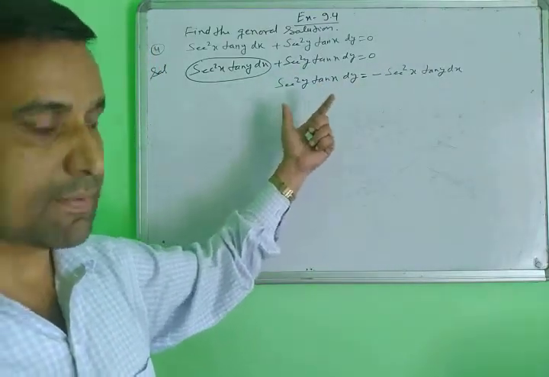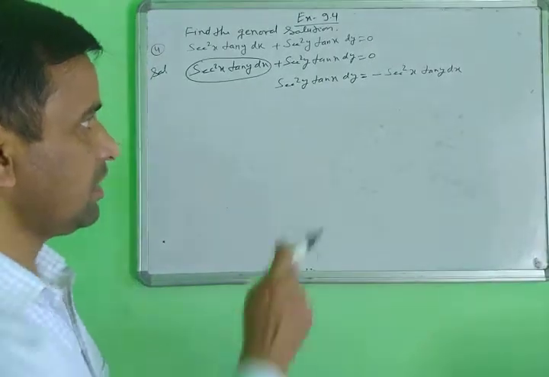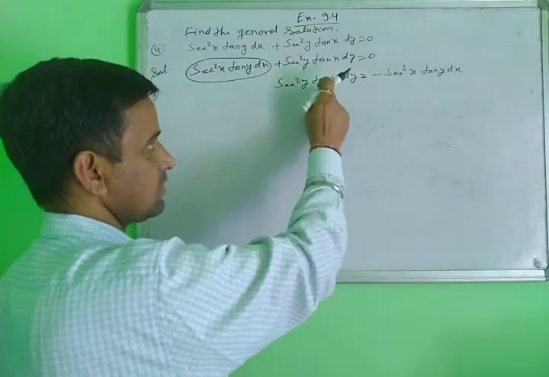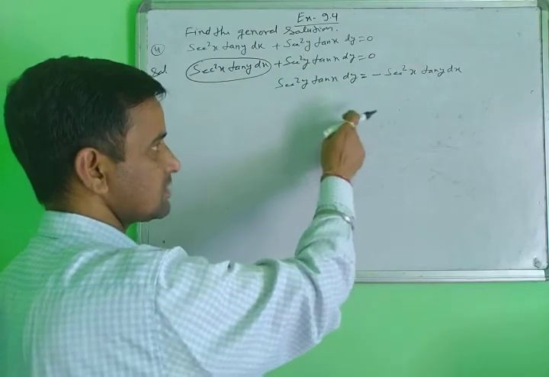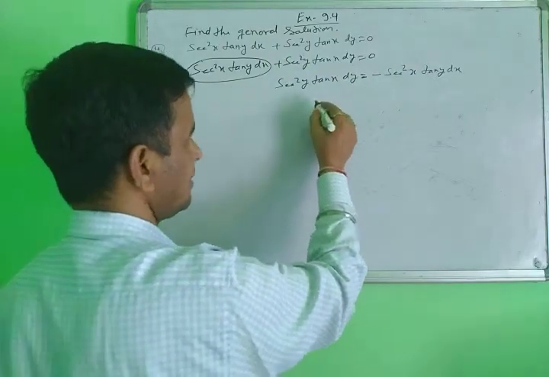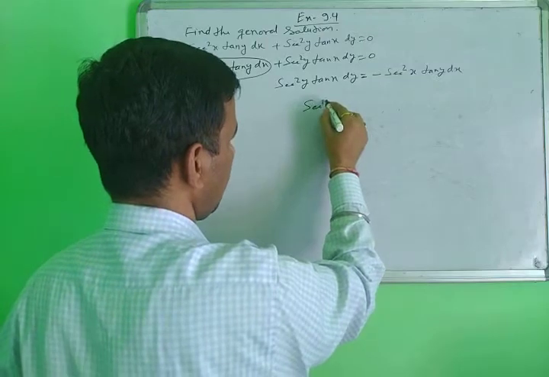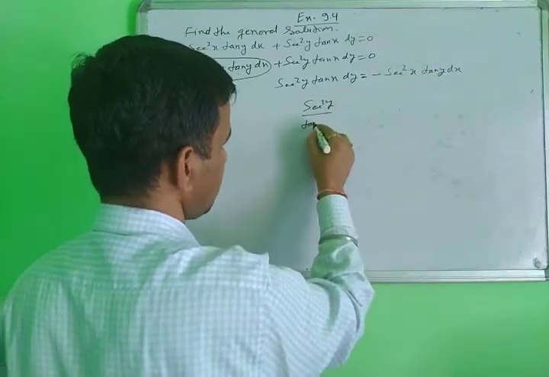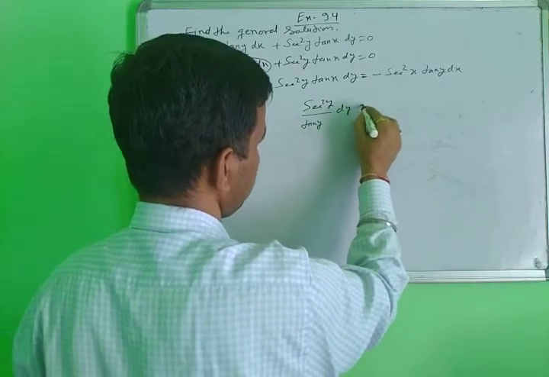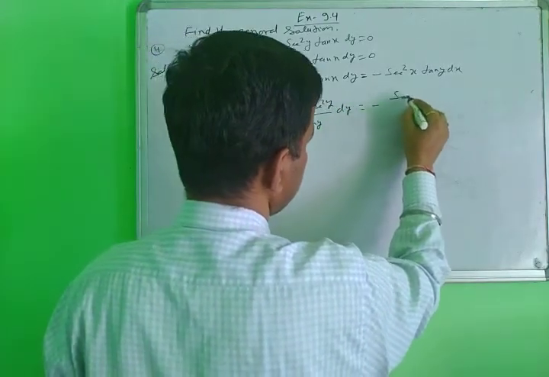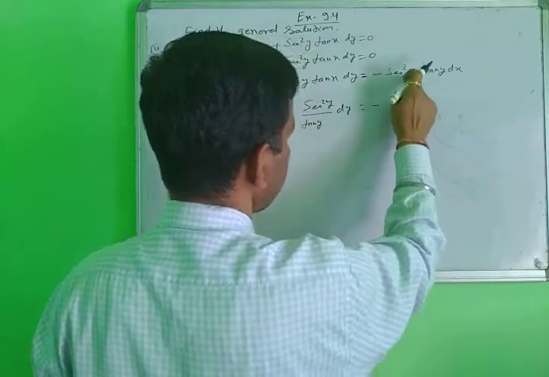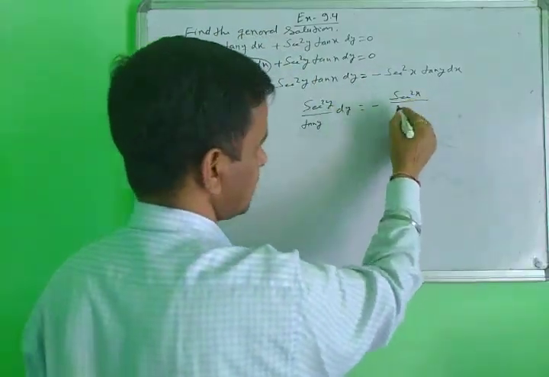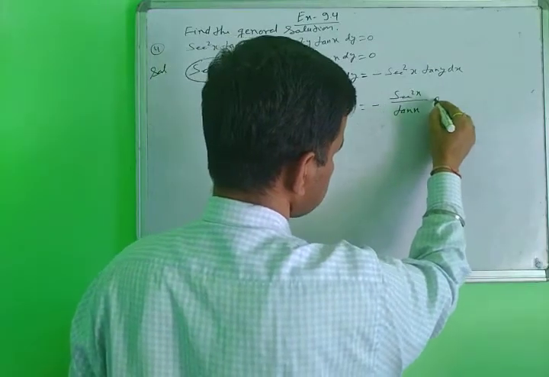After that you separate the variables: the terms with y go to the left side, sec square y upon tan y dy, equals minus sec square x upon tan x dx.